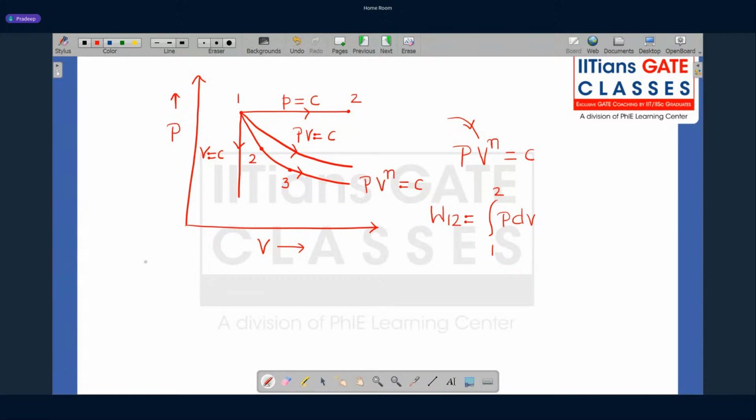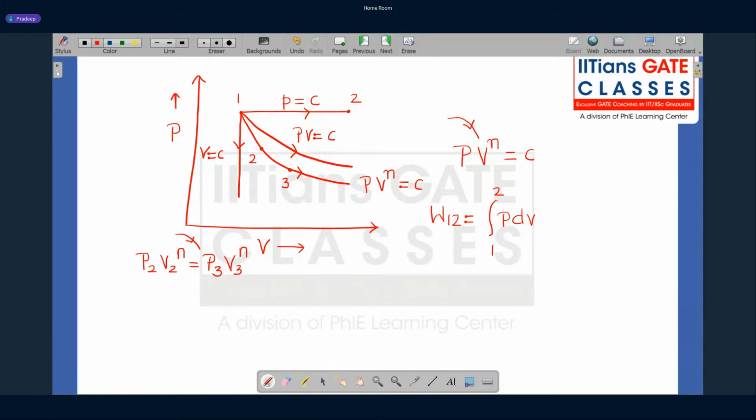So you can relate the two state points: P2 V2 to the power n is equal to P3 V3 to the power n. They are connected by this relation.